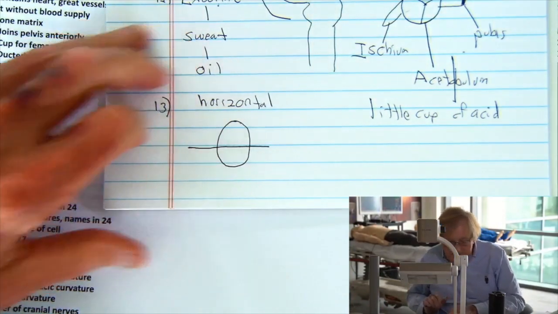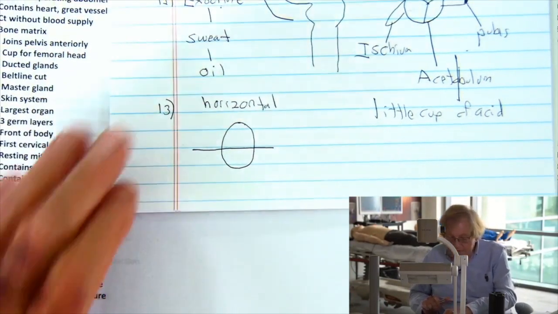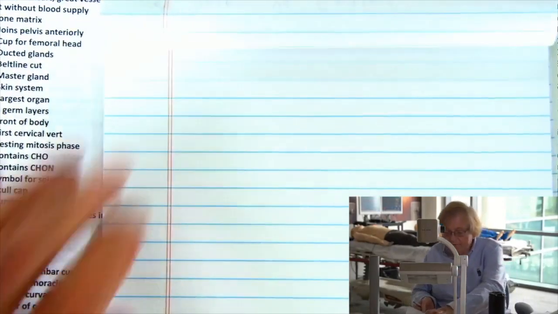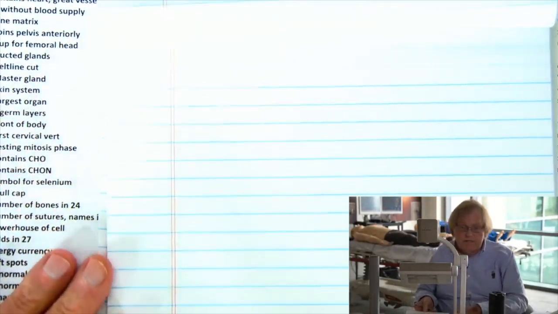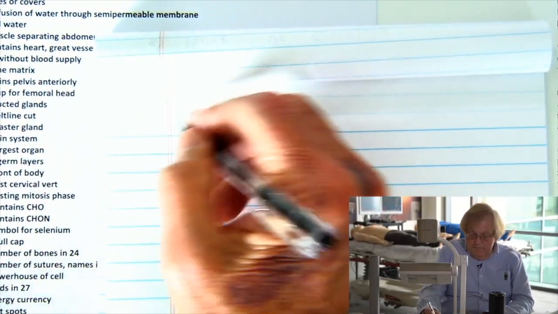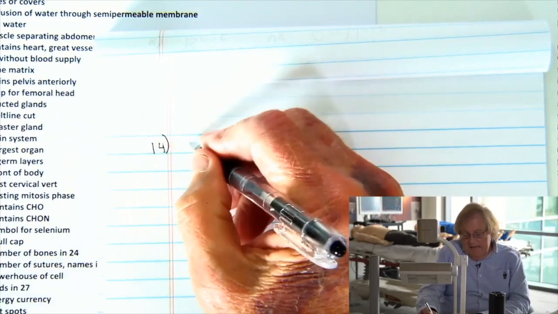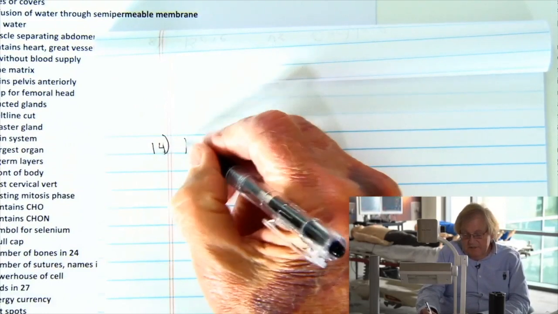Number 14 says the master gland. Well, since we've already said there's something called endocrine glands and exocrine glands, number 14 is going to be the master gland, which is the pituitary gland.